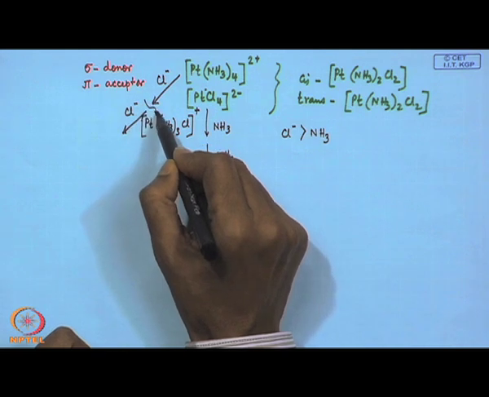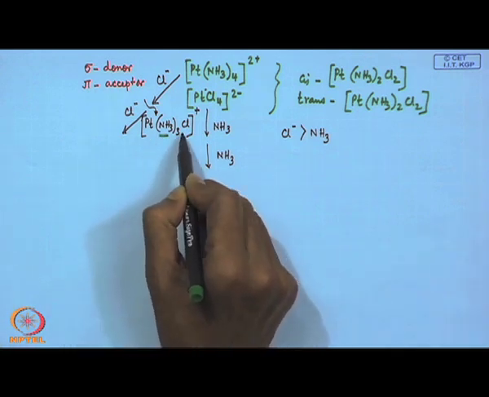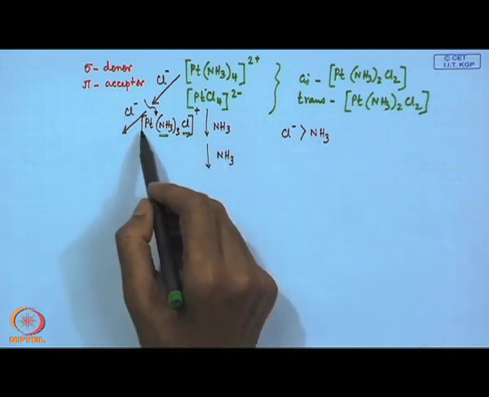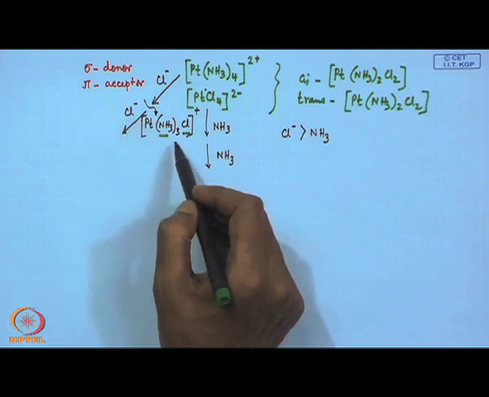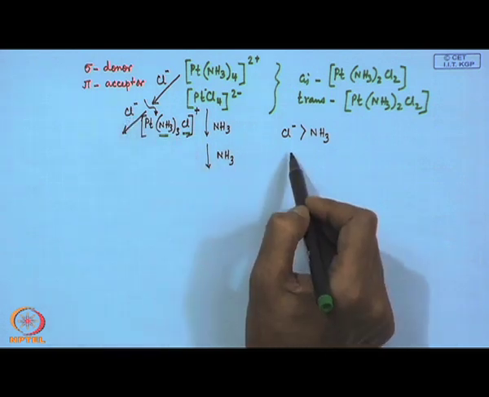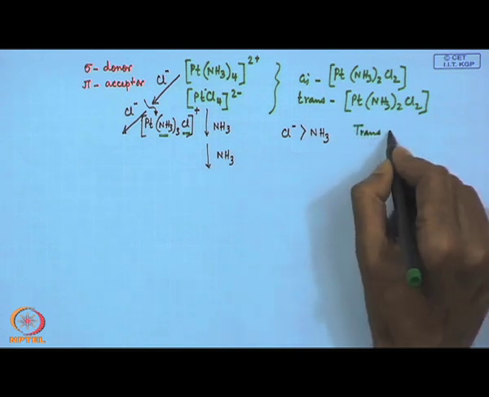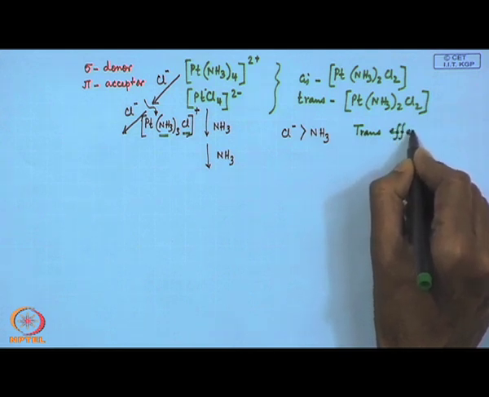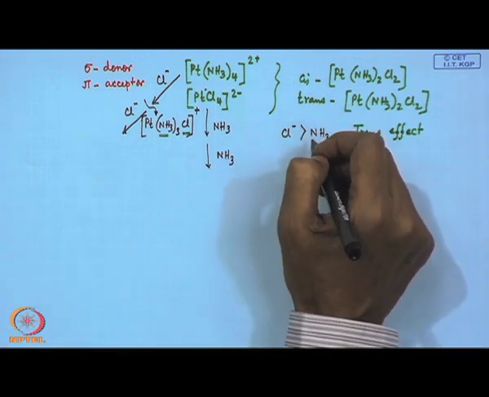So, at this particular point we make this molecule immediately, and then only we can have the choice for NH3 and Cl. So, in the second step, the group which will be leaving from the system for the attachment of the second Cl will be dictated by the trans effect, and this trans effect sequence, Cl minus greater than ammonia, will ultimately tell us whether we can have the trans molecule or the cis molecule.